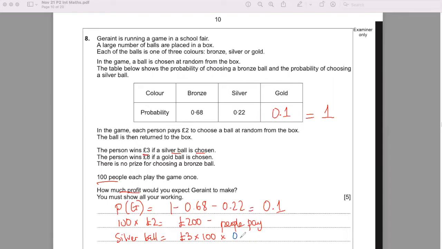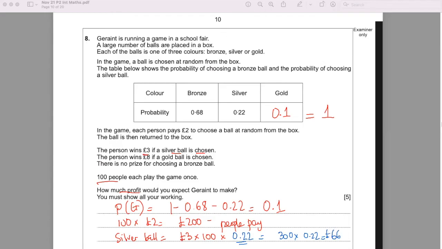So it's going to be 0.22 here, because there's only 0.22 chance that person would win. So you times it, it will be 300 times 0.22, and just put that in your calculator, and that would be £66.